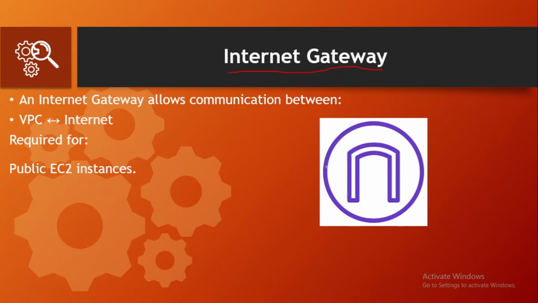EC2 instances connect through the internet gateway and then communicate with the internet. So remember this key concept: if there is no internet gateway attached to your VPC, your EC2 instances cannot be accessed from the internet. If you are still confused about these networking components, don't worry, I'll do everything hands-on in the next video.